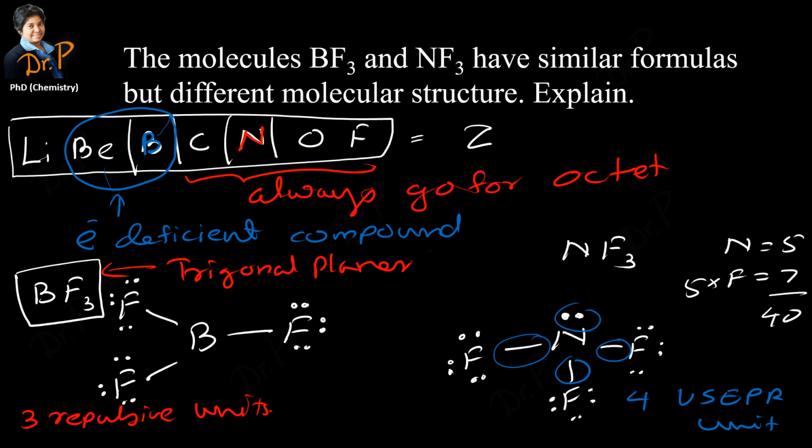geometry for the electron pair geometry, and since everything is in the bond form, your geometry and the shape are both the same thing. But in the case of NF3, since you have 4 VSEPR units or repulsive groups, you're going to have a tetrahedral geometry.